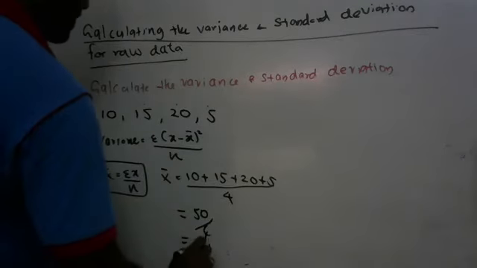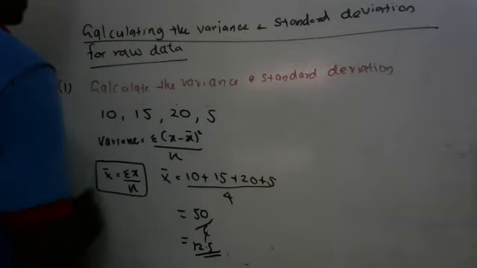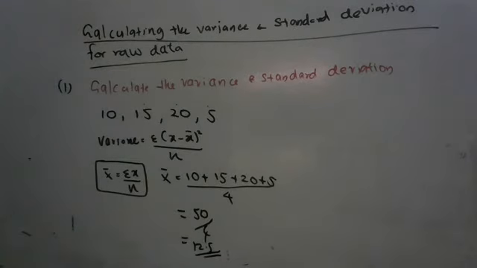That is the x bar figure, not the variance figure. X bar is 12.5.